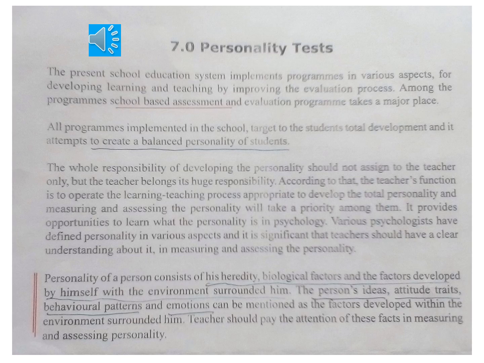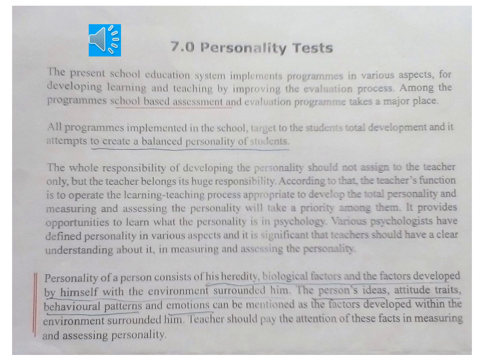Personality of a person consists of his heredity, biological factors, and the factors developed by himself with the environment surrounding him. Right? So the personality of a person is determined by heredity factors, biological factors, and environmental factors.